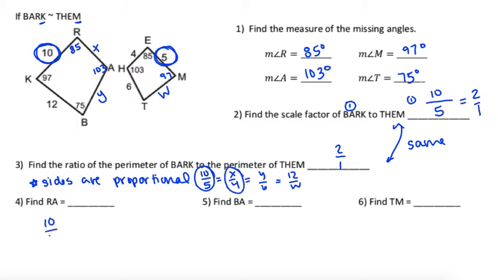So 10 over 5, and this is where the scale factor, I'm going to use it 3 times. To cross multiply, 5x equals 40, divide by 5, and this is 8.